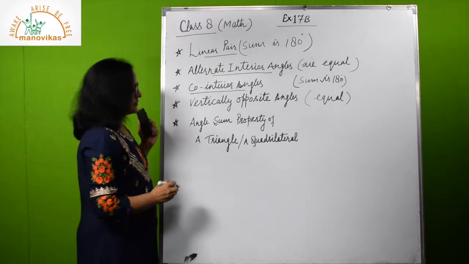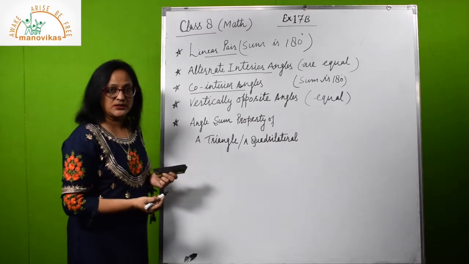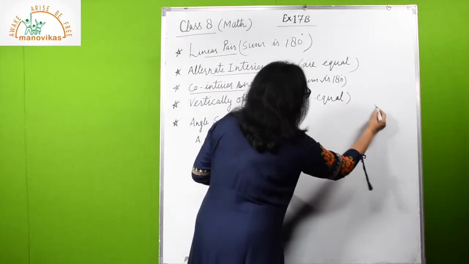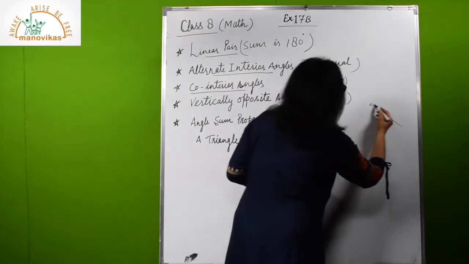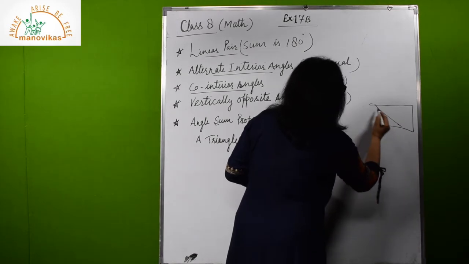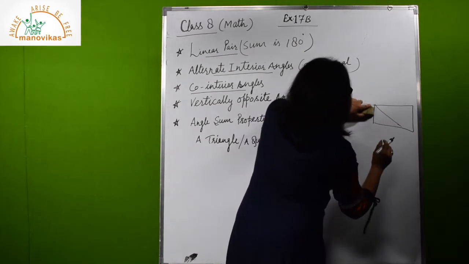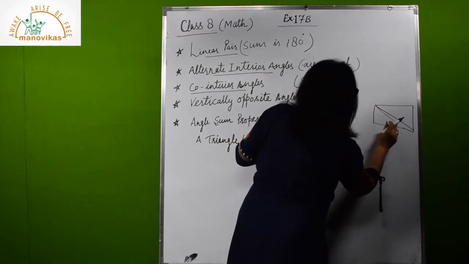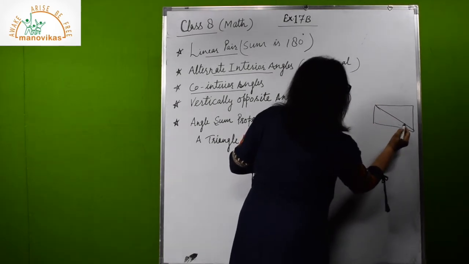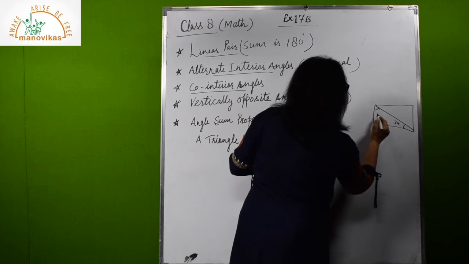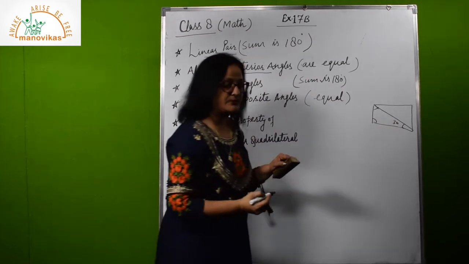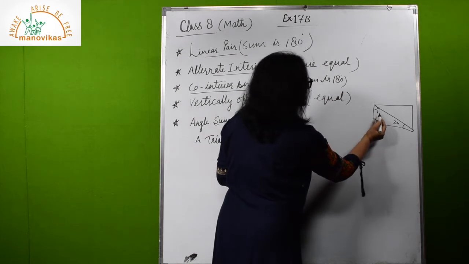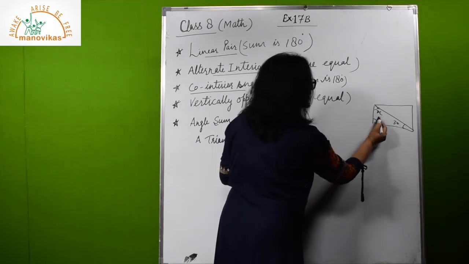Now the next type of angle that you will see is the angle sum property. Where will you use it? Suppose this is a parallelogram given to you, and here this angle is, say, 30 degree, and these two angles are equal, for example. Then you can use the angle sum property because these angles are equal. Suppose both angles are x and x.